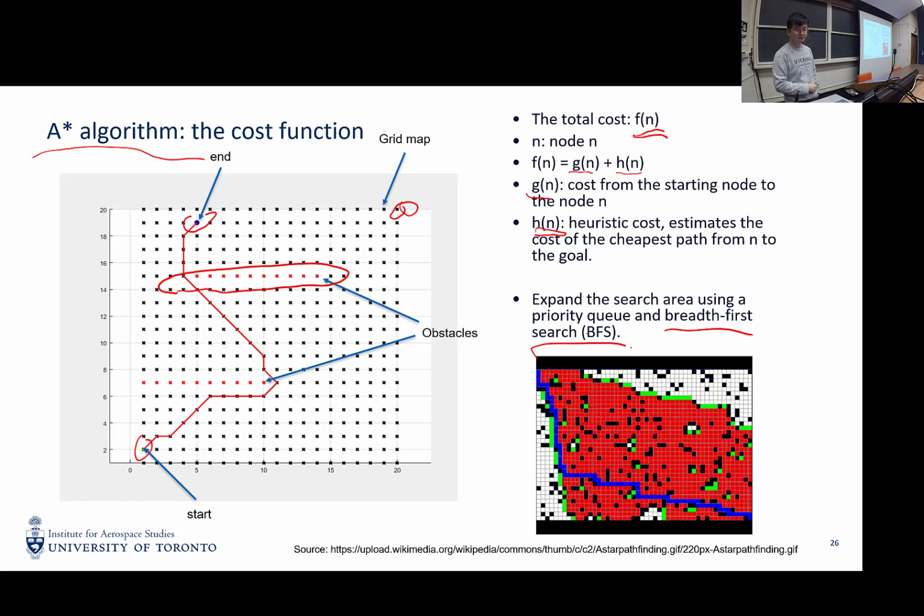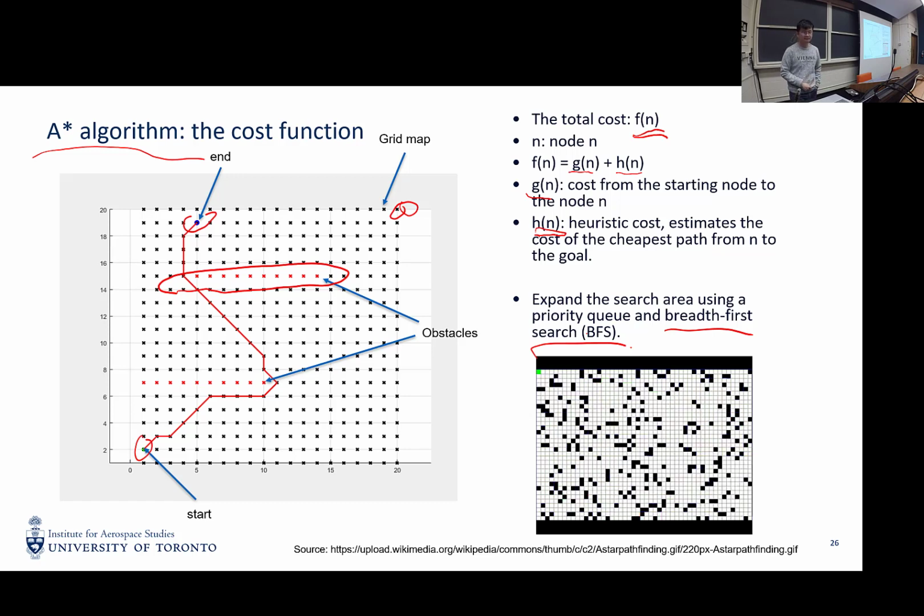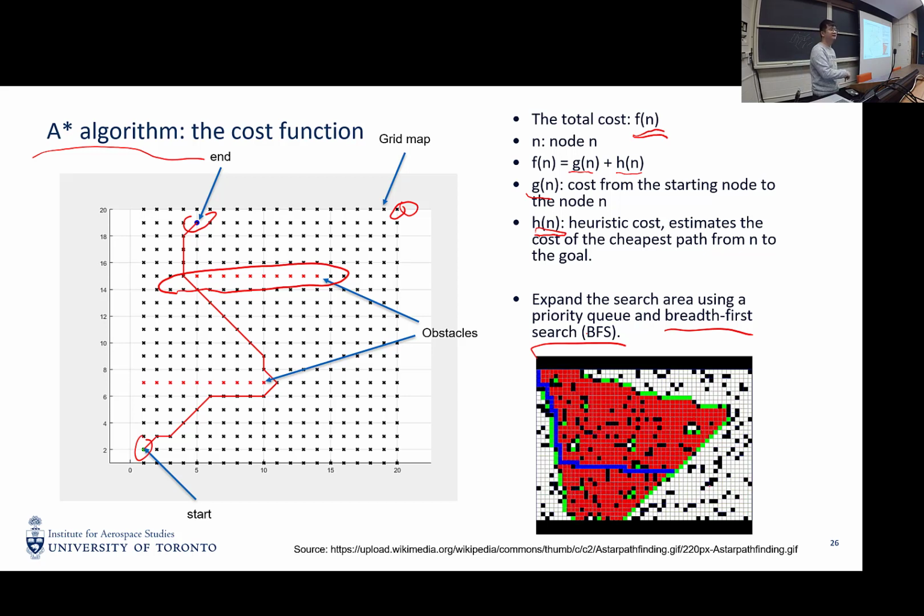I just wonder, with the graph on the bottom right, those are obstacles, correct? Yes. Basically, you expand your search area gradually based on the cost functions, and if the search area reaches the goal location, you reconstruct the path.